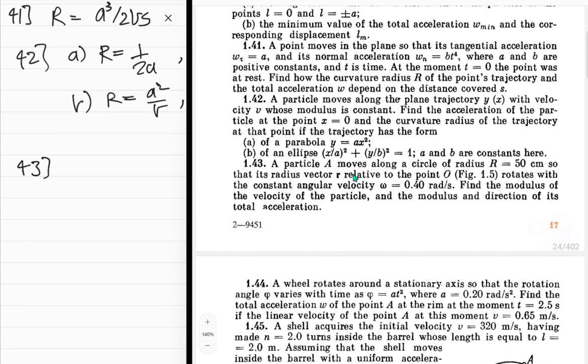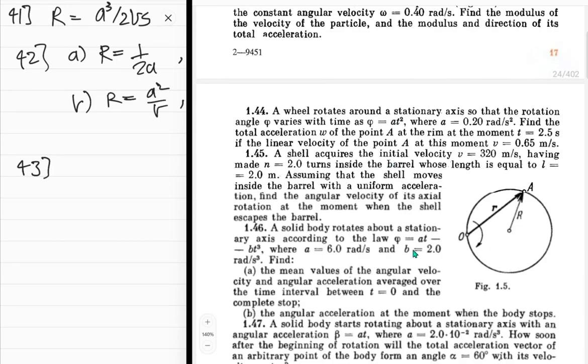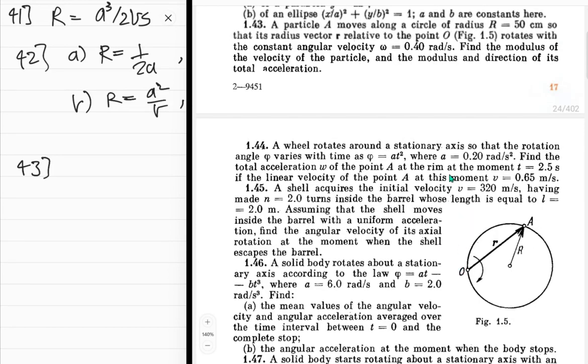Okay, 43rd, a particle A moves along a circle of radius capital R is equal to 50 centimeters, so that its radius vector relative to the point O, 1.5, this thing. Oh, so O is somewhere over here, that's awkward. Rotates with constant angular velocity, omega is equal to 0.4. Fine. Rotates. Wait, what?